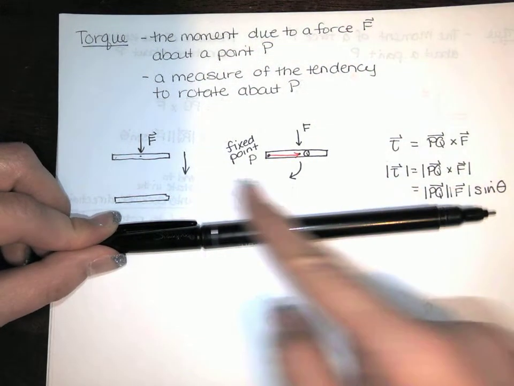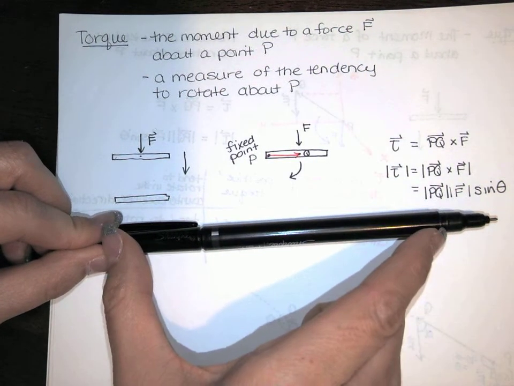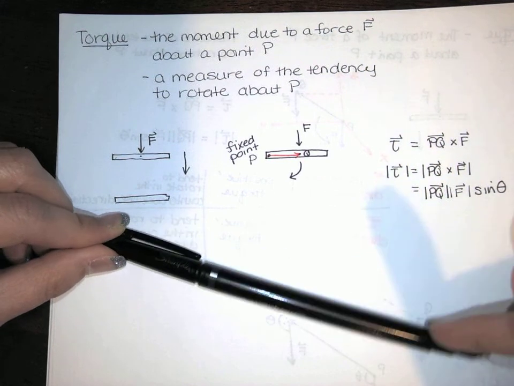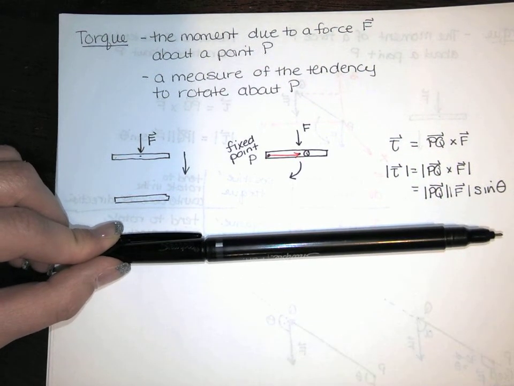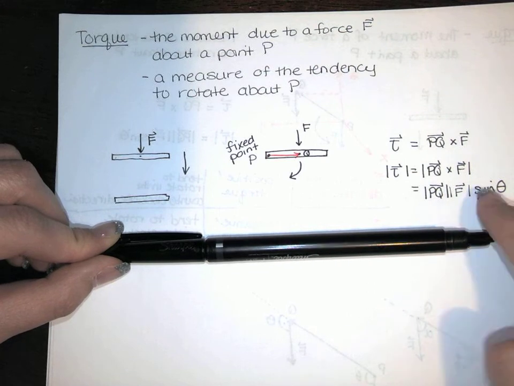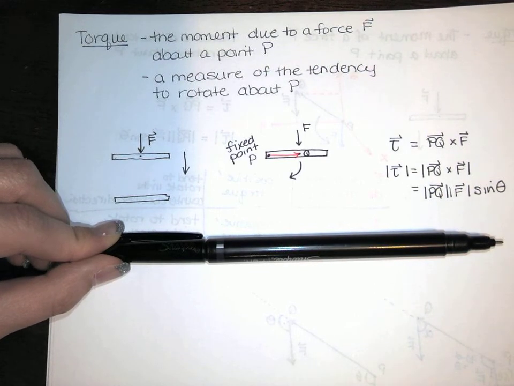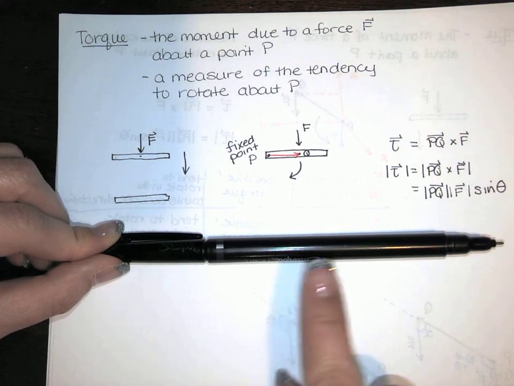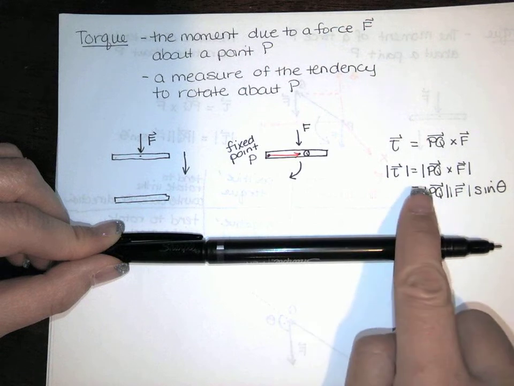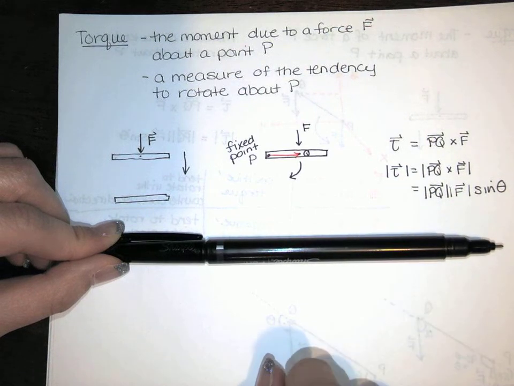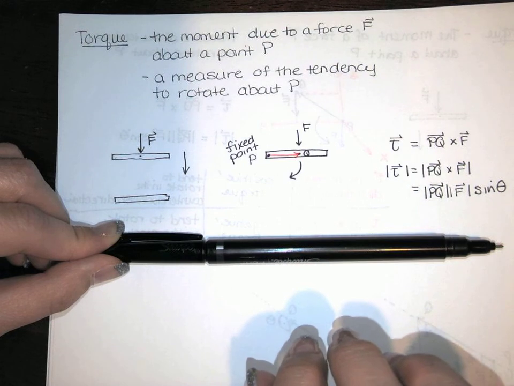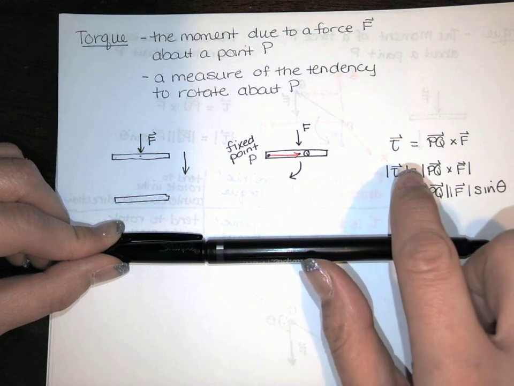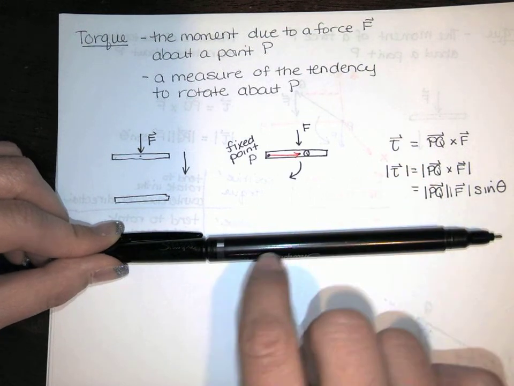So the torque is going to be larger if that moment arm or lever arm is larger. And that's exactly what we see in our formula. And of course, the tendency to rotate is going to increase as the magnitude of the force increases as well. So it makes sense that this would give us the magnitude of this torque. This is a measure of the tendency to rotate about the point P.